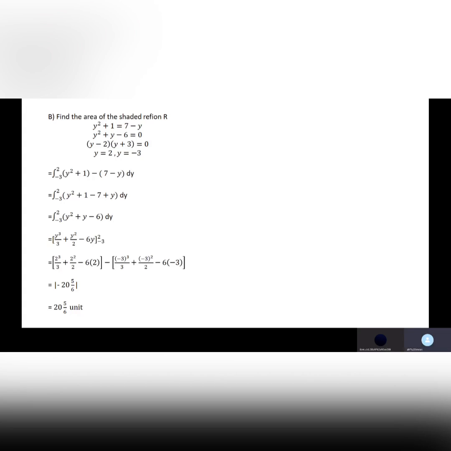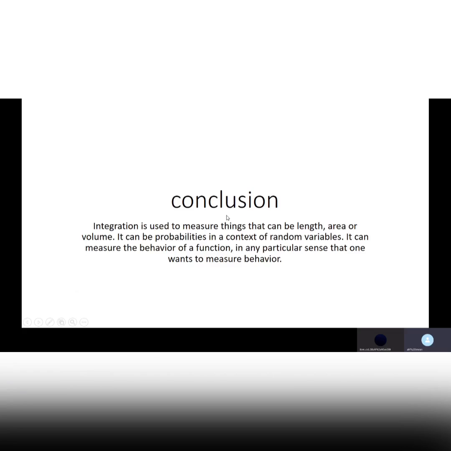We can use the modulus method. So we have this modulus, and it can help us make the negative become positive. So the answer is 25/6 unit.